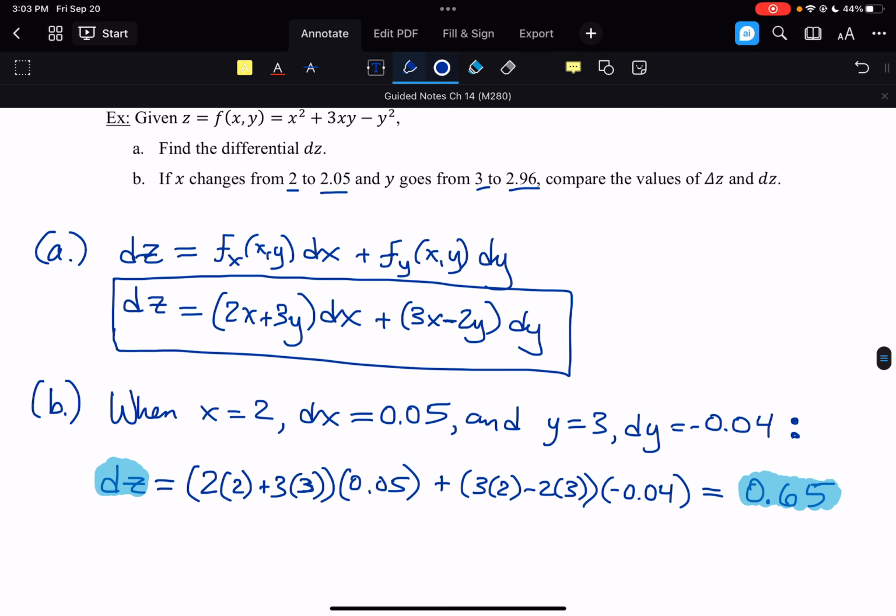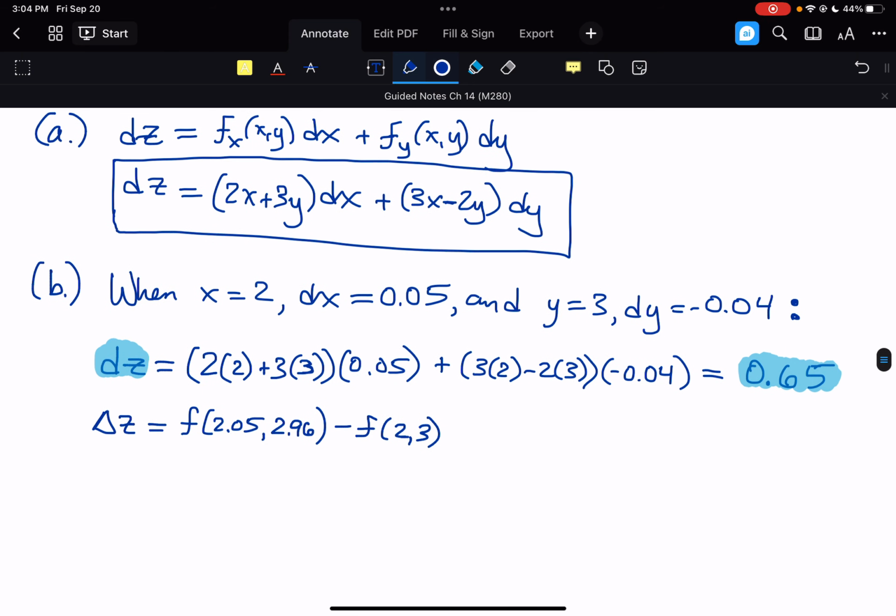If we look at the change on the actual surface, so we look for delta z, we're going to get the output at the new point, that's f of 2.05 comma 2.96, minus the output at the original point, which was f of 2, 3. Okay, so this will be new output minus old output will give us the change in output, okay, delta z, and this will be the exact change in output.